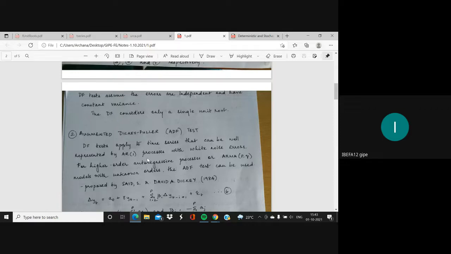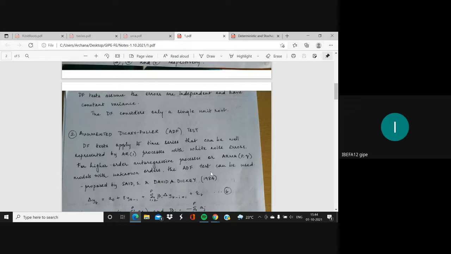So in order to take these factors into account, an alternative test was proposed, known as the augmented Dickey-Fuller test. This test was proposed by Said and Dickey in 1984. The Dickey-Fuller test traditionally can be applied to time series that can be well represented by AR(1) processes with white noise errors. Now, if you have higher order autoregressive processes, for example an AR(p) process or an ARMA(p,q) process, for which you're not sure what the order of the time series is.